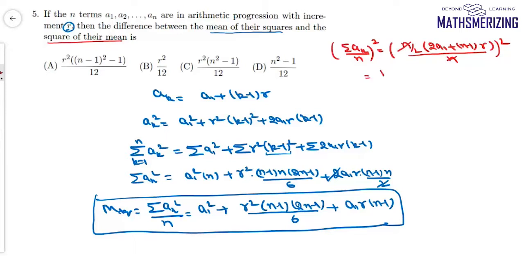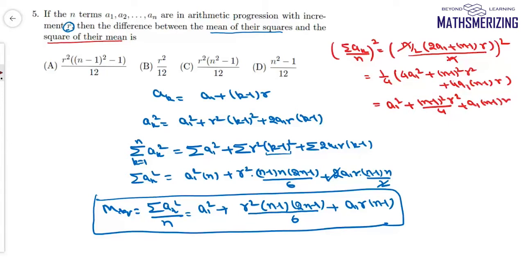So I'll get 1 by 4, and this is 4A1 square plus (N minus 1) square into R square plus 4A1 (N minus 1) into R. Now I can divide it by 4. So I can write A1 square plus (N minus 1) square R square by 4, and then plus A1 (N minus 1) into R. Now we need to find the difference between the mean of their squares and the square of their means.